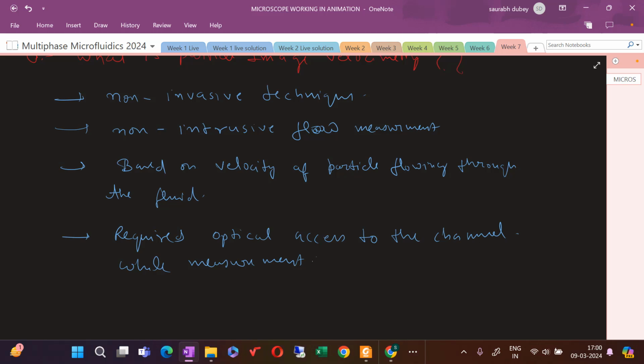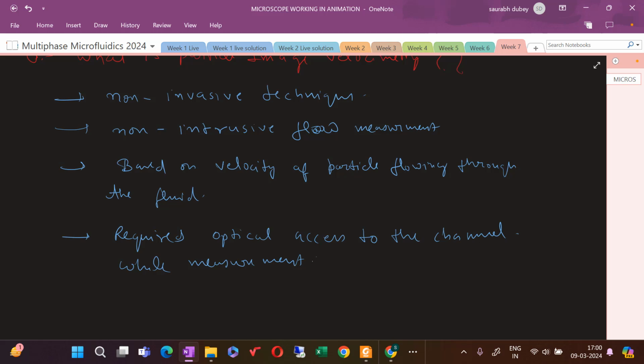Through particle image velocimetry, first the particle should be seeded and it should behave faithfully. Another is that there should be illumination through the laser, and the image of the flow is captured at different time instances in a single frame or in two different frames.